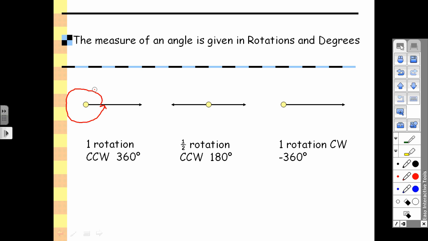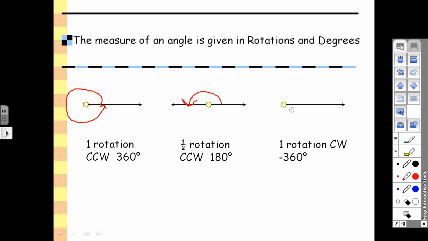So I've gone a complete 360 degrees going around. For this one, half of a rotation in the counterclockwise direction gives me 180 degrees. That's our straight angle. So I start here at my initial side, and I go halfway around, and I stop right there. That gives me my straight angle. And I went in the counterclockwise direction. If I had gone in the clockwise direction, I would have gotten negative 180 degrees, right?